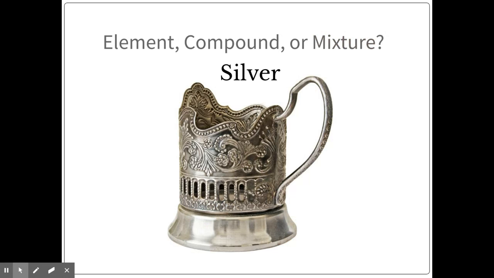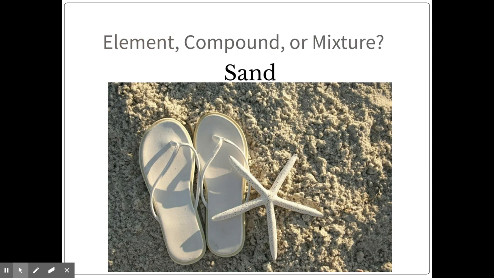Silver. Silver is a pure substance, but unlike table salt, silver is an element. Its abbreviation is Ag. It's in the middle section as well. Sand. Many people think that this is like salt and that it's a compound, but it's actually a mixture of tiny little bits of shell and rock and dirt and other things.